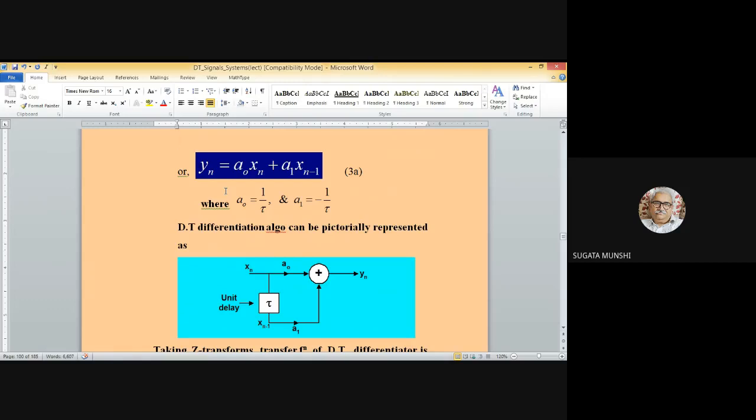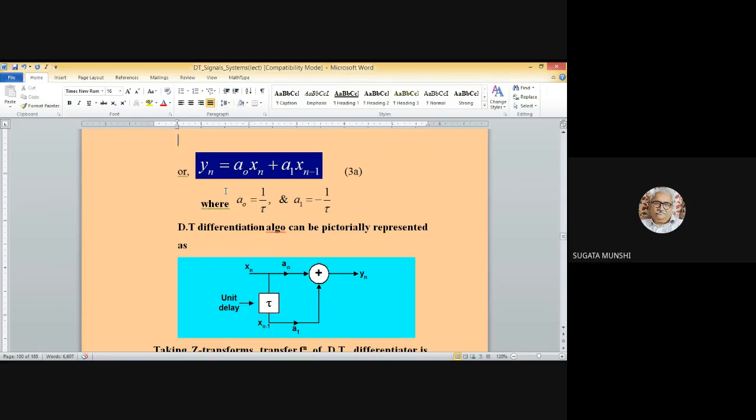In terms of hardware, how will the unit delay element be implemented? It's nothing but a shift register that delays the input sequence by one sample. Often the unit delay element is represented by a box with z to the power minus 1 inscribed instead of tau.